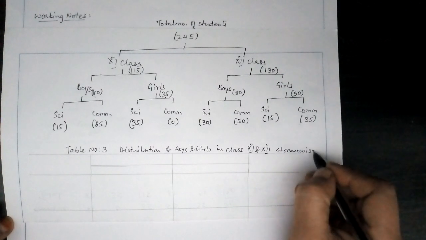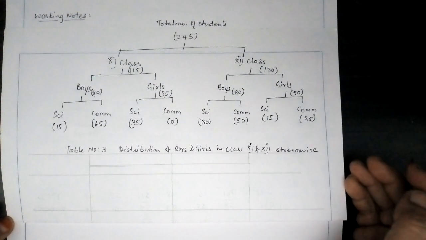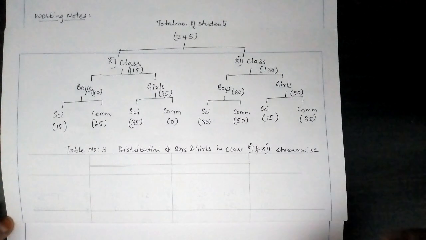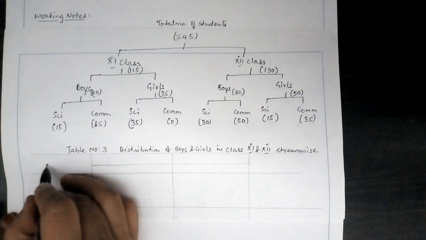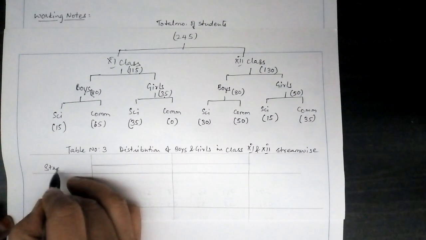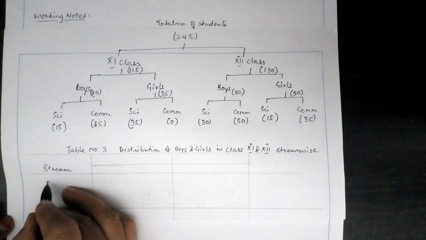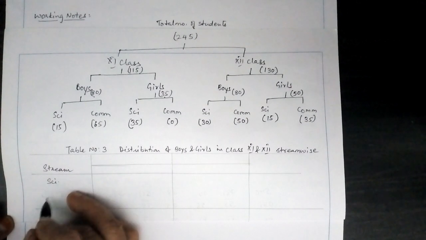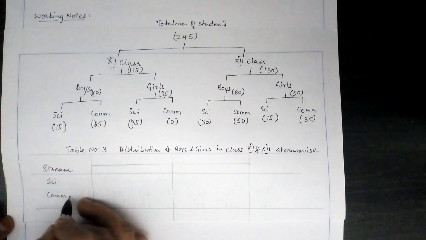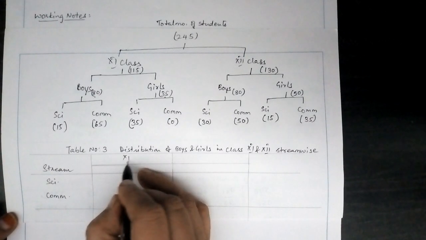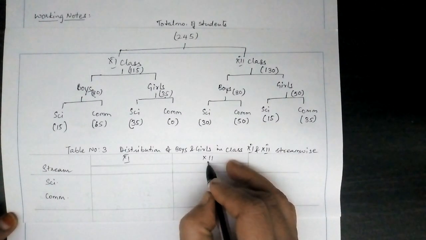You can write stream wise distribution of boys and girls in class 11 and 12. So let's first write down the first column as stream, and we have two streams here, science and commerce. Then we have class 11 and class 12.